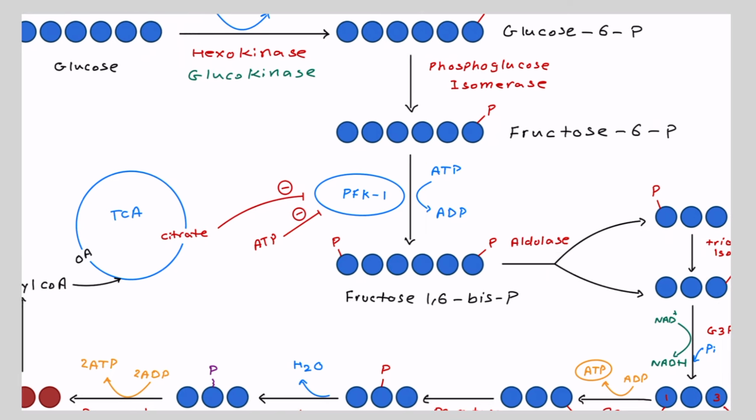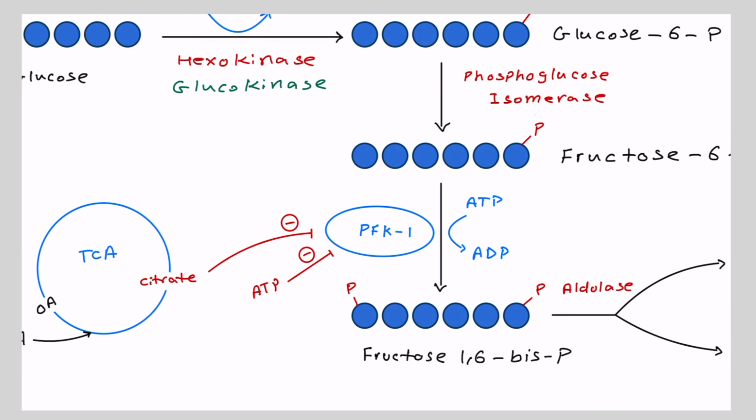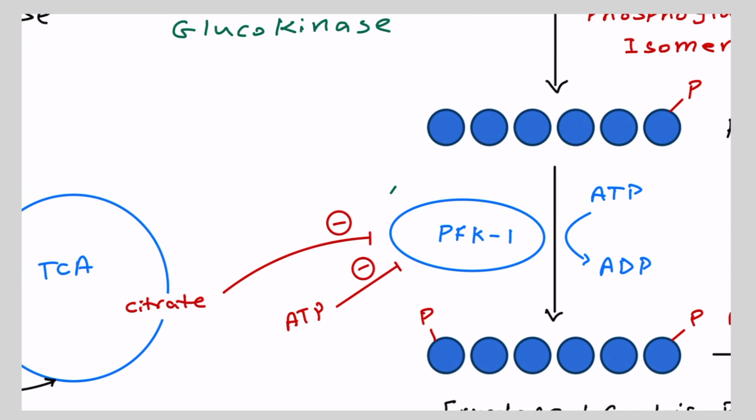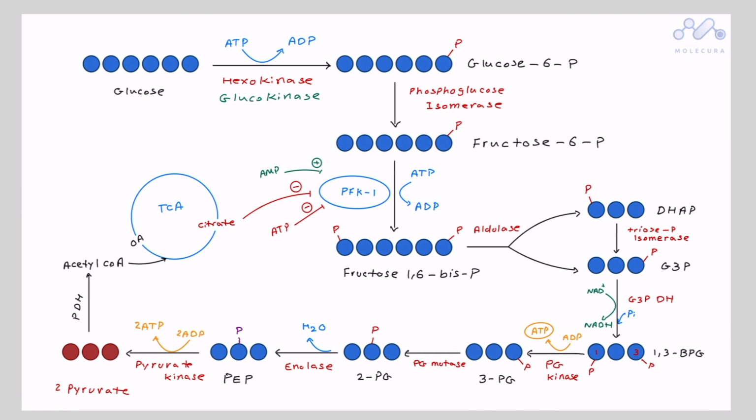Furthermore, we could have activation of PFK1 by the action of AMP. When the energy level is down, ATP is getting hydrolyzed to AMP, so AMP is going to increase our phosphofructokinase.